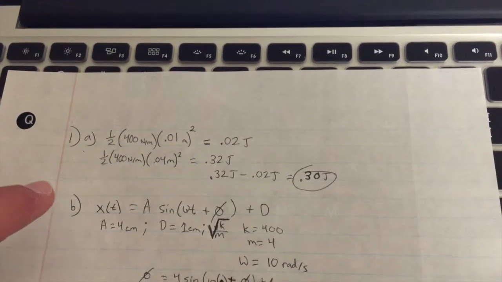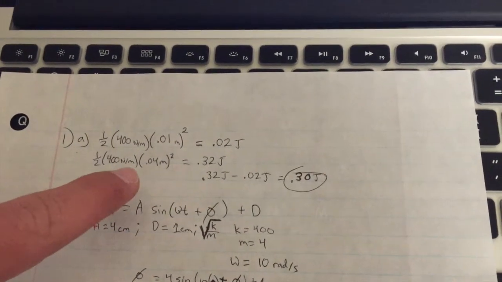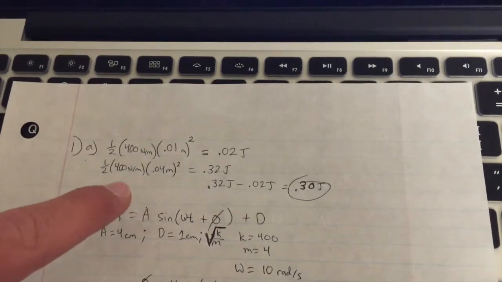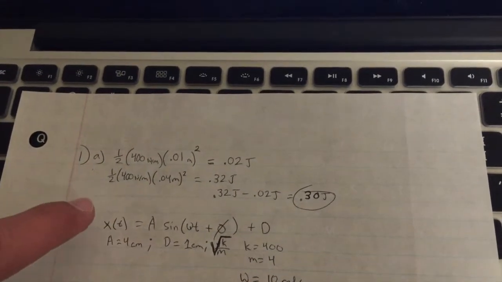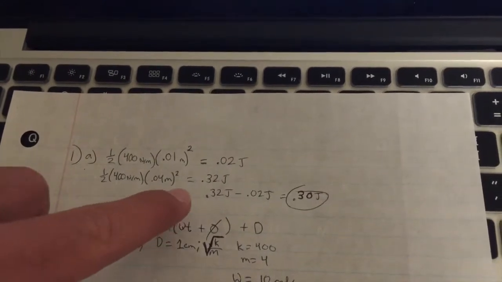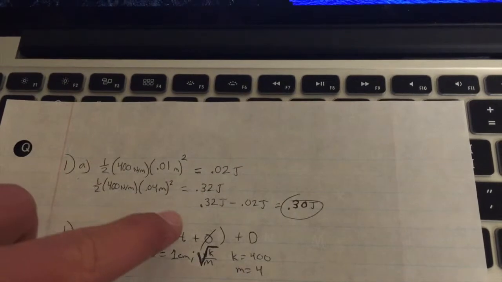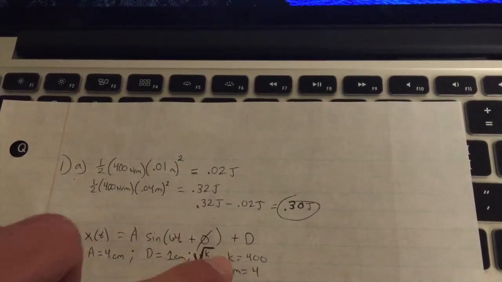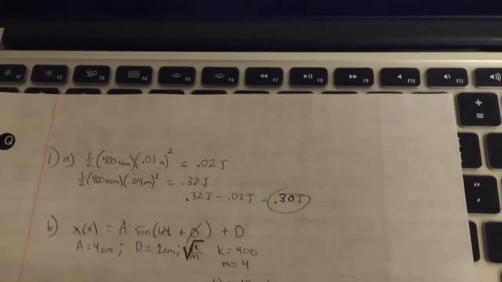Then you find the energy from the spring, and it travels 0.04 meters because it goes 4 centimeters, because it starts at 1 and goes to 5. Plug that into 1/2 kx squared and you get 0.32 joules. You subtract the initial energy, 0.32 minus 0.02, and you get the energy from the kick is 0.3 joules.